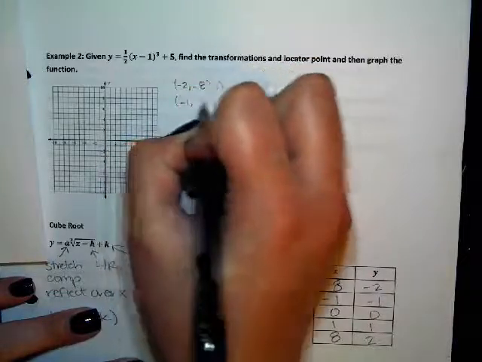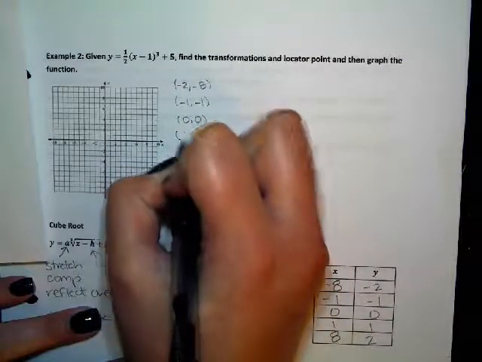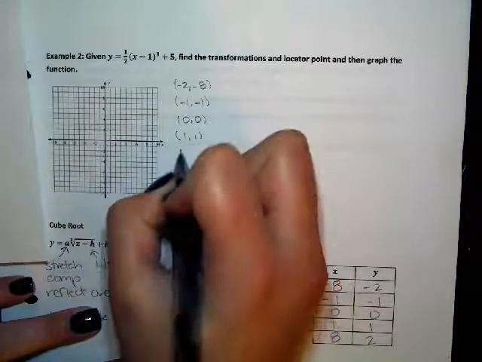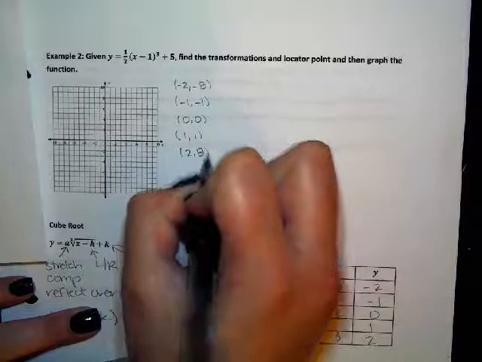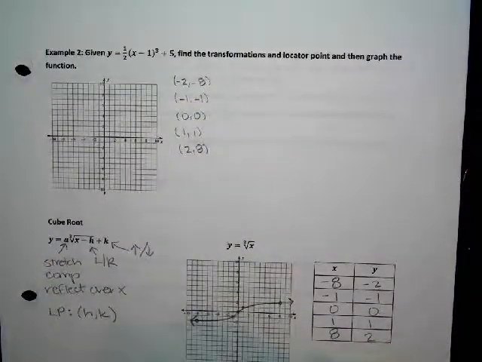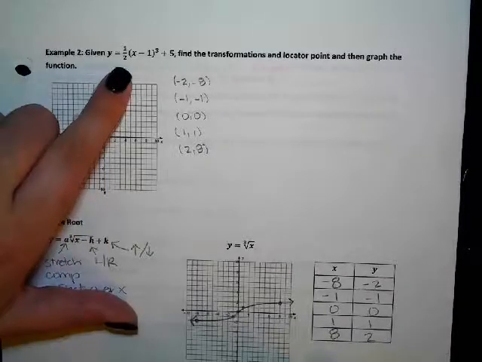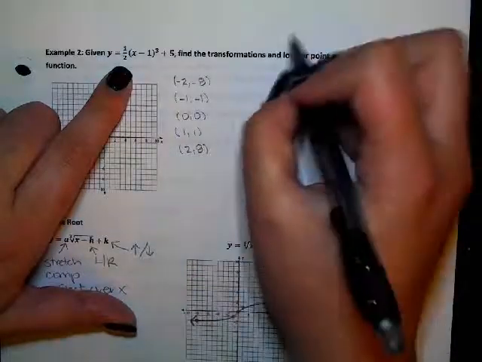And we're going to do each one of the transformations on those points, which means we need to know what the transformations are. So from the equation, can you guys tell me what are the transformations? Okay.